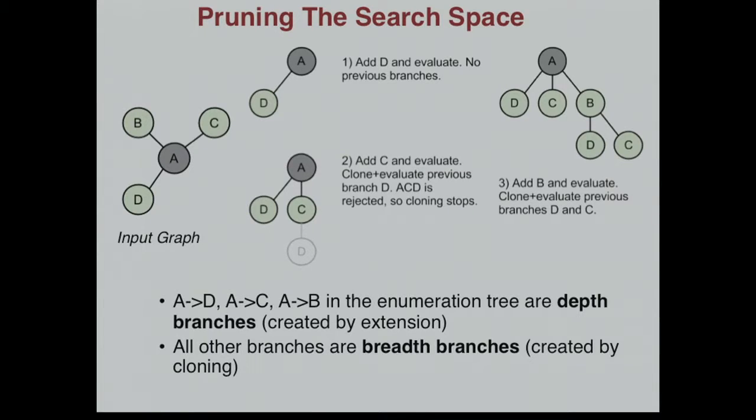The classification of the depth branches and breadth branches turns out to be important when you are trying to prove the properties of this algorithm, because using those depth and breadth branches, you can classify the different cases you will run into in the case of cycles and things like that.